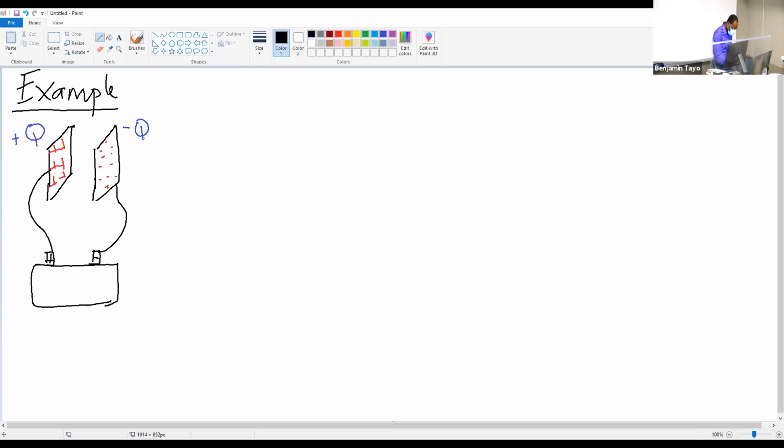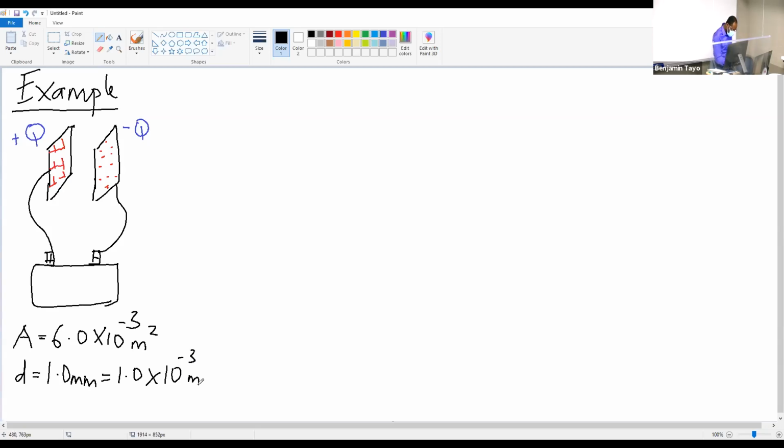So the area of one of the plates is equal to 6.0 times 10 to the negative 3 meters squared. And then it tells me that the separation between the plates is 1.0 millimeters, which is equal to 1.0 times 10 to the negative 3 meters.